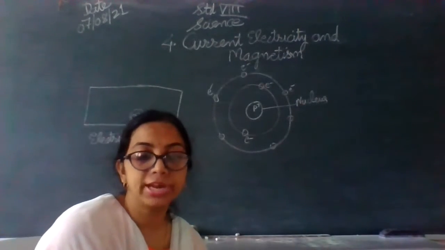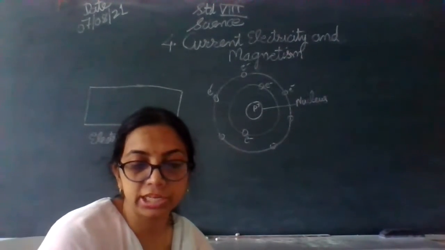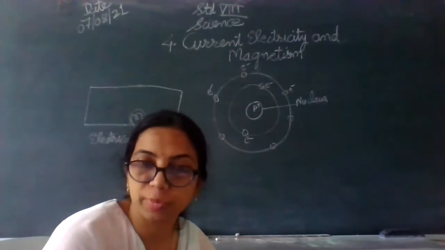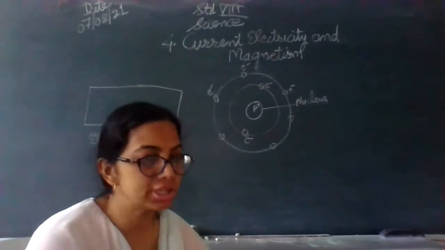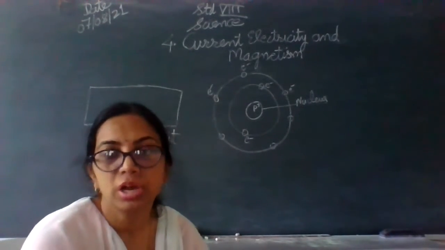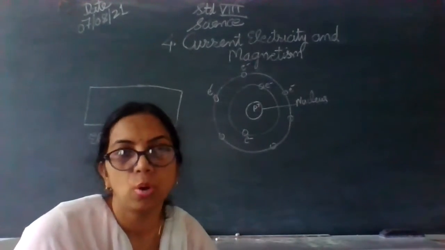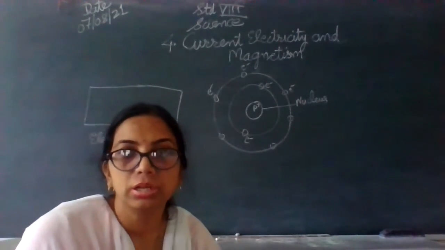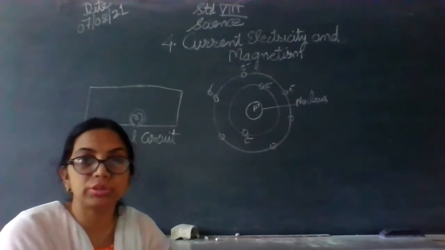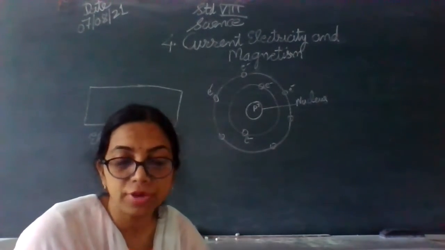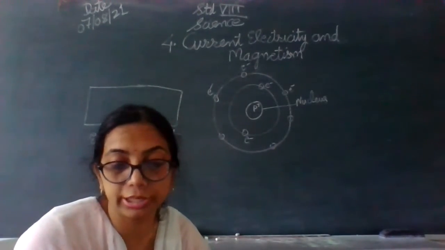So an object doesn't show any charge though its atoms contain charged particles. Now this table, this book, it's not showing any charge. Even if we touch, we don't get a shock. Why? Because these atoms with which they are made up of, they are electrically neutral.